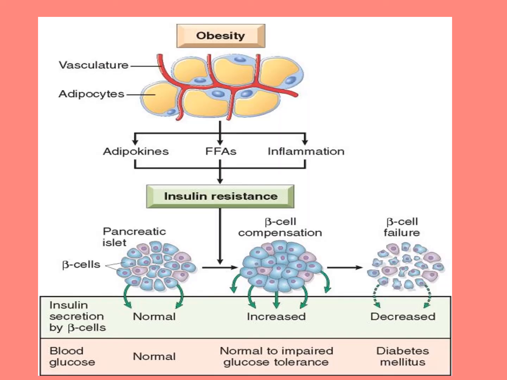This is a diagram taken from your book. This is how obesity can affect. You can see here in the individuals, the adipocytes release the adipokines, the free fatty acids, inflammation is there.